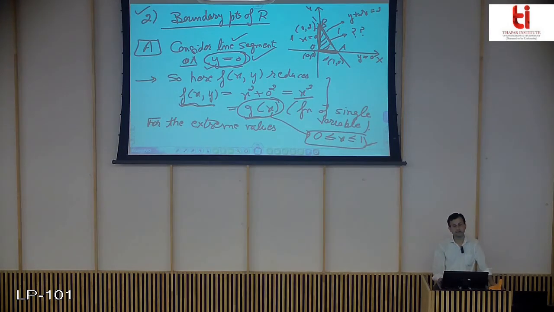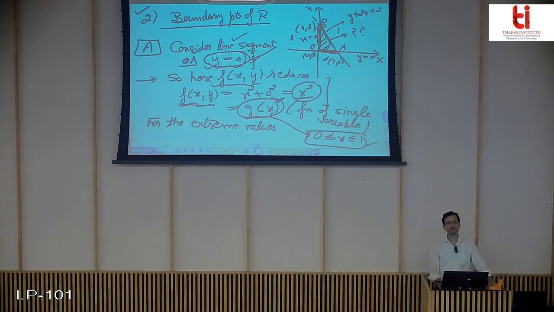The strategy that we will repeat for each and every line segment is to take the equation of the line we are considering. For OA, the equation of the line is y equals 0. We put this value in f(x,y), and it reduces to x squared, a function of x alone.